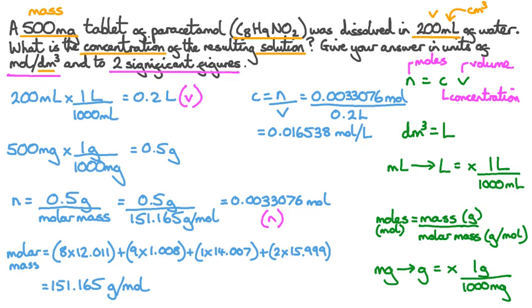The question asks for our answer to be given to two significant figures and with units of moles per decimetre cubed. Rounding to two significant figures gives us 0.017. And since litres are the same as decimetres cubed, we don't need to do anything regarding units. We can simply write the units as moles per decimetre cubed. And this is our final answer.